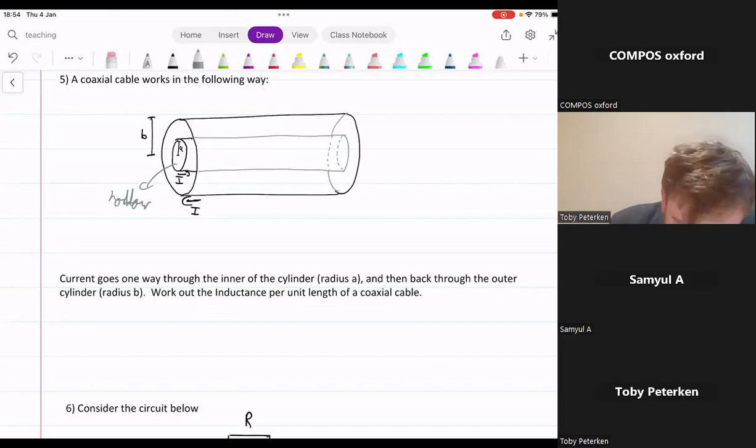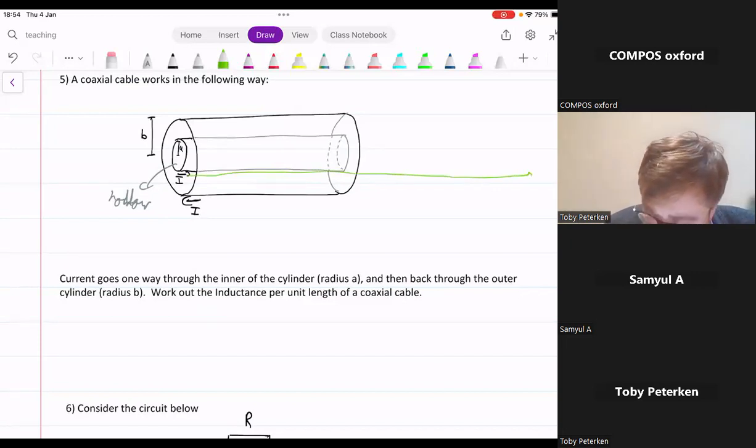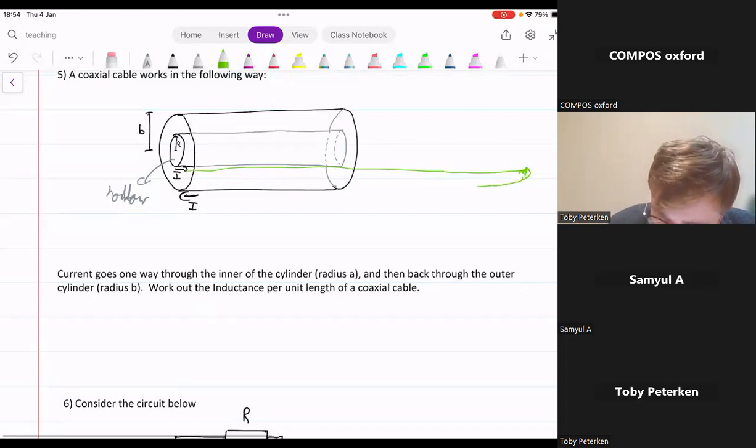And now the way this works is the current goes through the inner wire to some point very far away, then there'll be kind of the edge of the wire, it loops back around, and it goes through the outer surface.